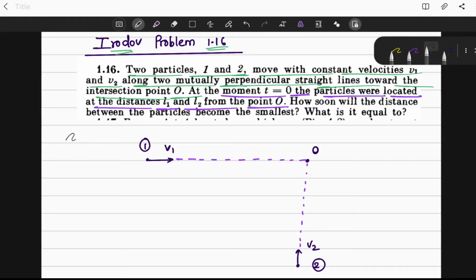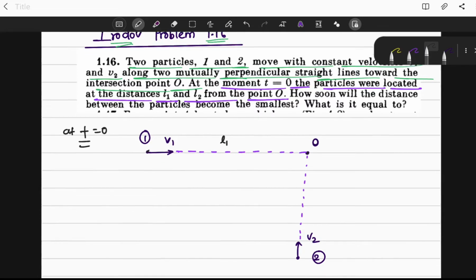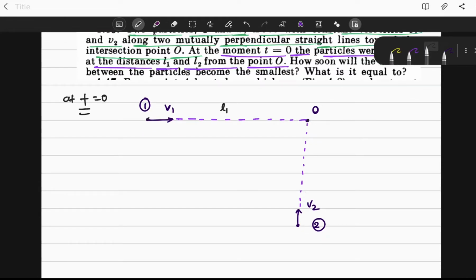So let us say that at time t equal to 0, the distance between point O and particle 1 is L1, and the distance between point O and particle 2 is L2.